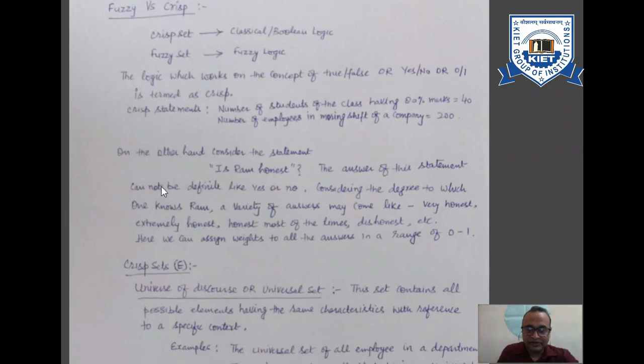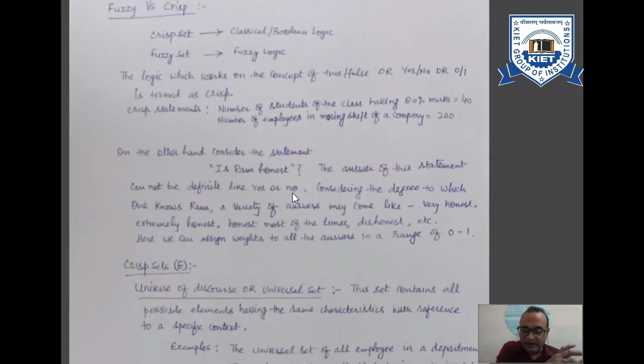So you can say the answer to this statement is not definite, not fixed, like yes or no. We cannot say yes, Ram is honest, or no, Ram is not honest. Ram may be honest, Ram may not be honest, Ram may be honest up to some extent, Ram may be honest for some specific person, and dishonest to another person.